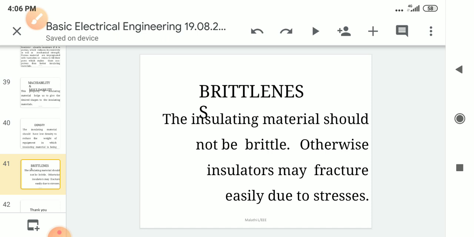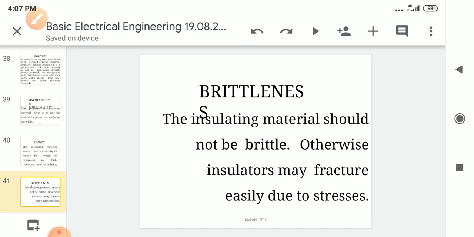To maintain our safety, we have to definitely prevent these fractures. That's why our insulation material should not be brittle in nature. If it is brittle in nature, then the insulation material may fracture easily due to stresses.